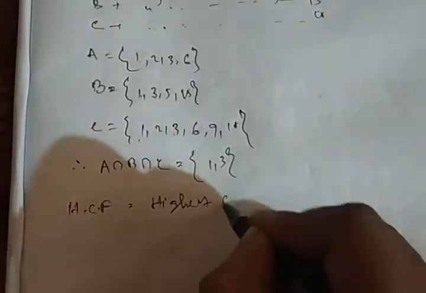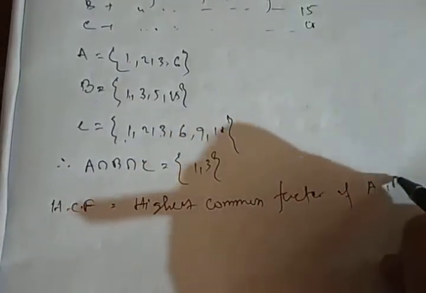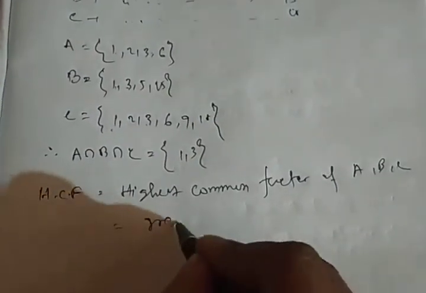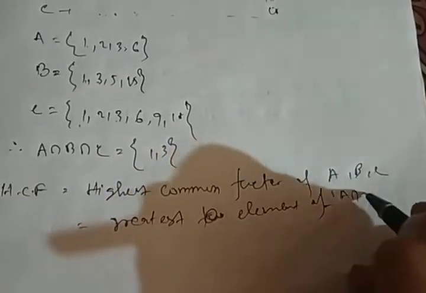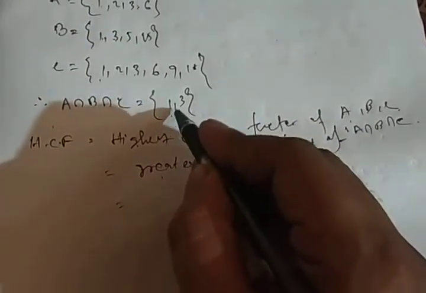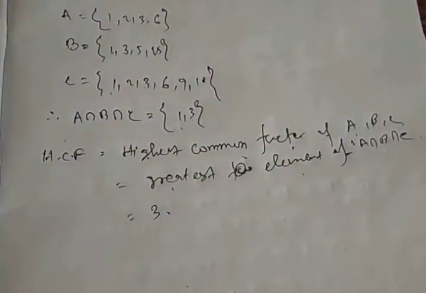Now HCF equals the highest common factor of A, B, C. So it is the greatest element of A intersection B intersection C. Since this is called the highest common factor, the greatest element of A intersection B intersection C will be the HCF of the numbers, which is 3. So HCF will be 3.